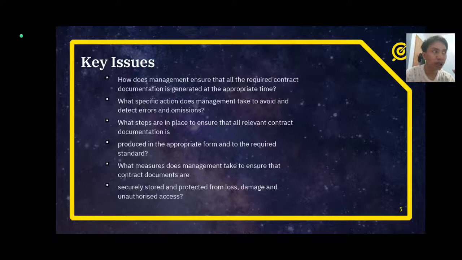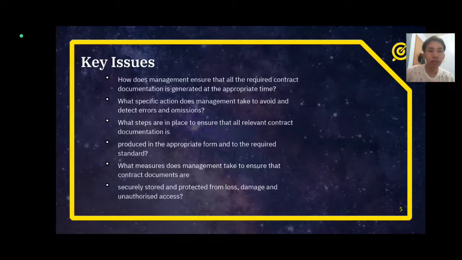Madalas hindi na nasusunod kasi sa dami ng ginagawa, or sabihin na natin hindi ganong kagaling yung gumawa ng documentation. Minsan hindi na nasusunod yung standard or yung required na, or yung appropriate na form ng document.